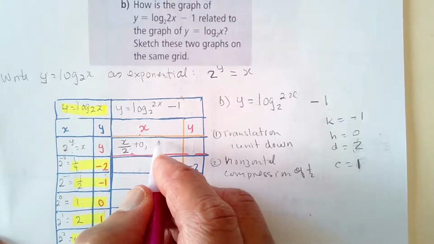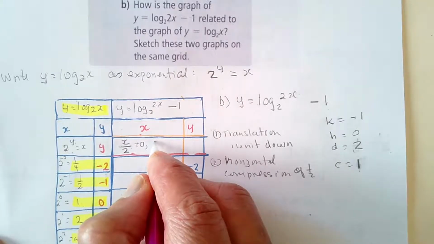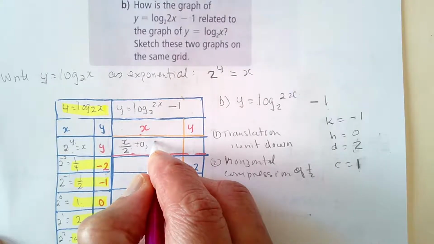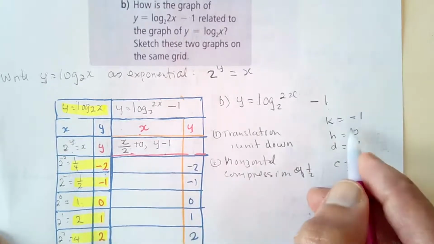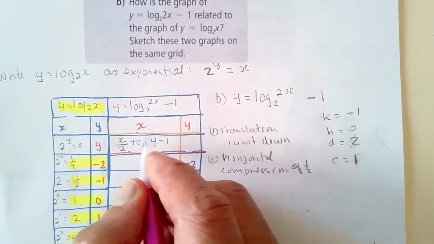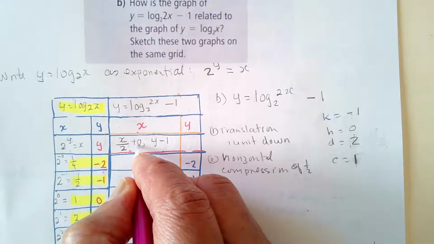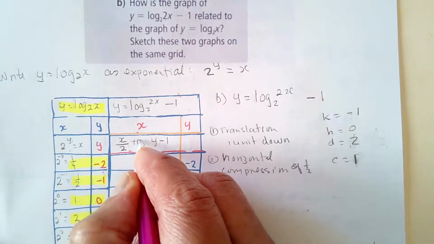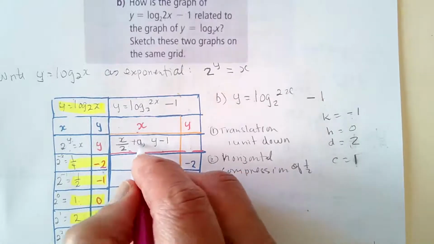So in this case, we have k. We have y minus 1, because your k is minus 1. Just remember this is going to be x over d plus the value for the translation.